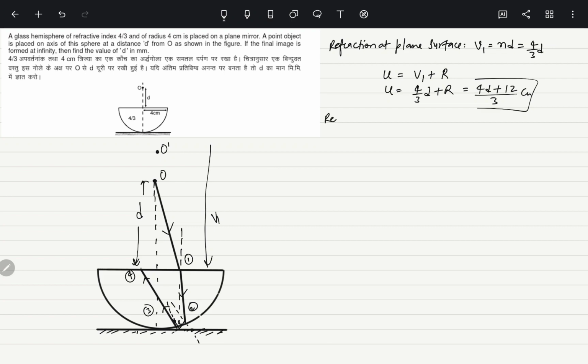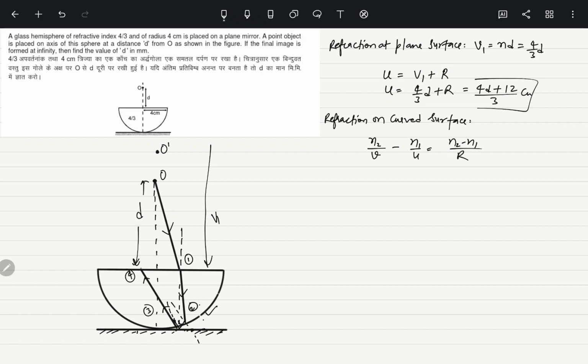Now I'll apply the formula for refraction on curved surface. First I'll write the formula: n2/v minus n1/u equals (n2 minus n1)/R. Now here the rays are hitting this second curved surface, so going from denser to rarer.